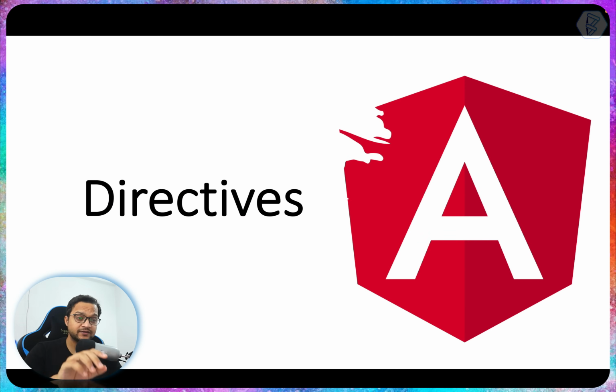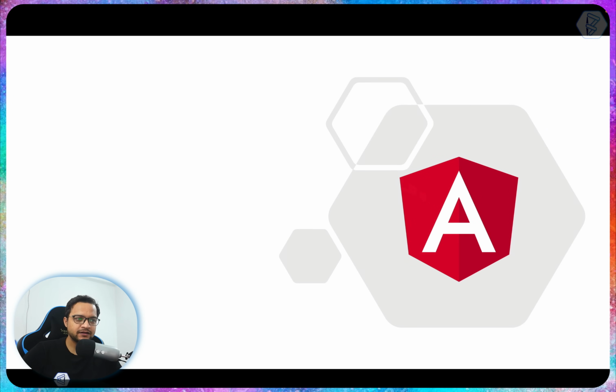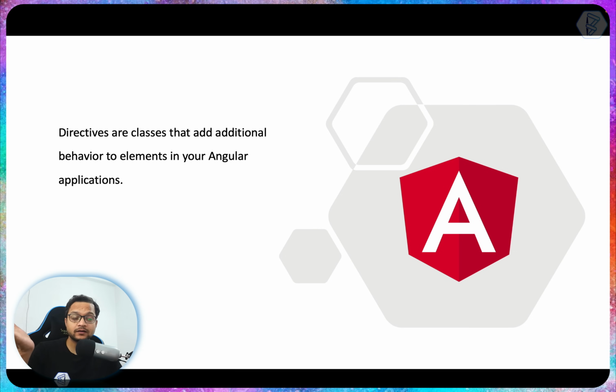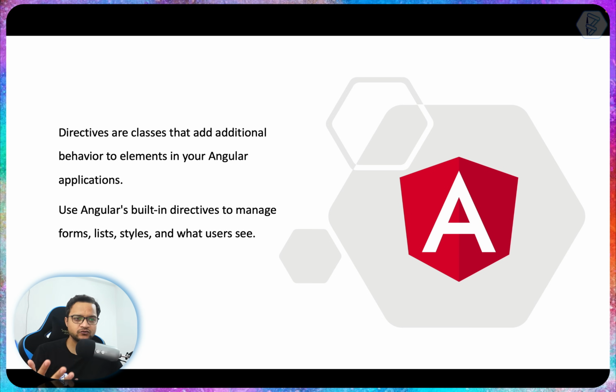Now let's talk about the directives in Angular. Now in Angular, the directives are the classes that add additional behavior to the element in your Angular application. And we can use the built-in directives to manage the form, list, style, and whatever users see.